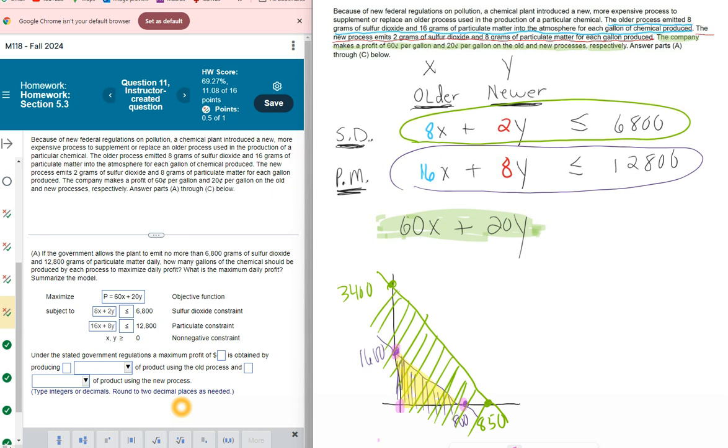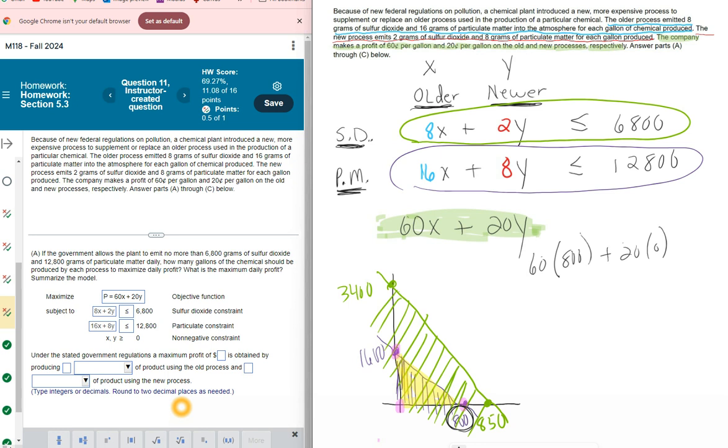So I have to plug those into my profit equation, because it says under the stated government regulations, a maximum profit of blank dollars is obtained. Obviously, you're not going to use 0, 0, but I'm going to go to the 60 times, and I'll do this point first, which x is 800 and y is 0.